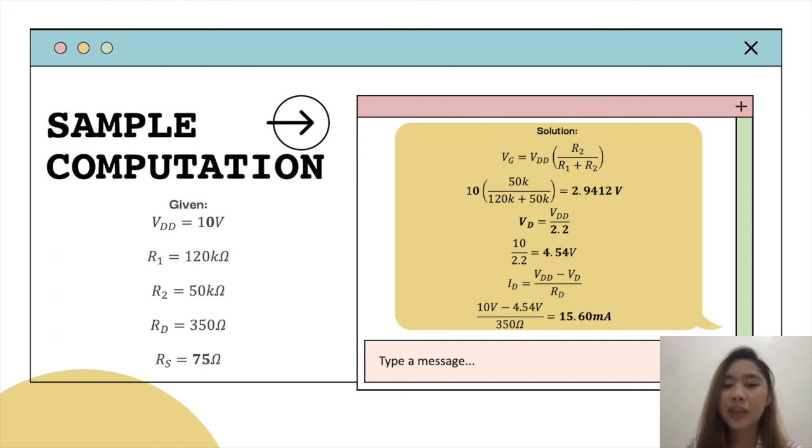For the VD, the formula is VDD over 2.2, and substituting the value of VDD, we will get 4.54 volts. For the ID, we will be using VDD minus VD over RD, and with that, substituting, we will get 10 volts minus 4.54 volts over 350 ohms, and the resulting value is 15.60 milliamperes.